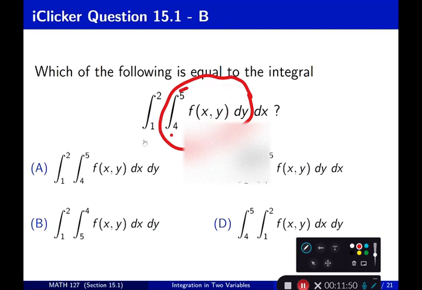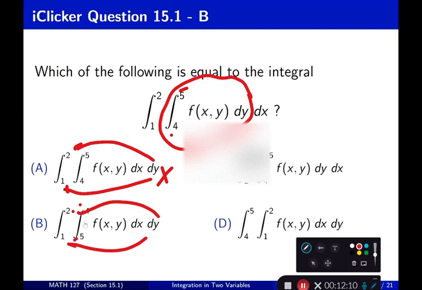So here y is matched with 2 and 1, while y over here is matched with 4 and 5. So this one is out. Here y is matched with, again, 2 and 1, and 5 and 4 is switched. It's just not the same thing as that one. Over here, y is matched with 4 and 5 in the right order, and x is matched with 1 and 2 in the right order. So D is the answer.